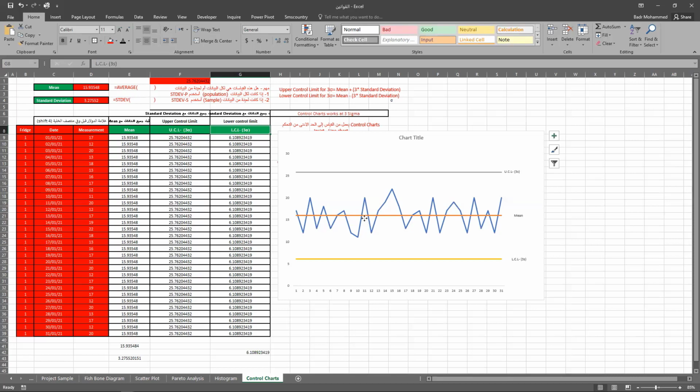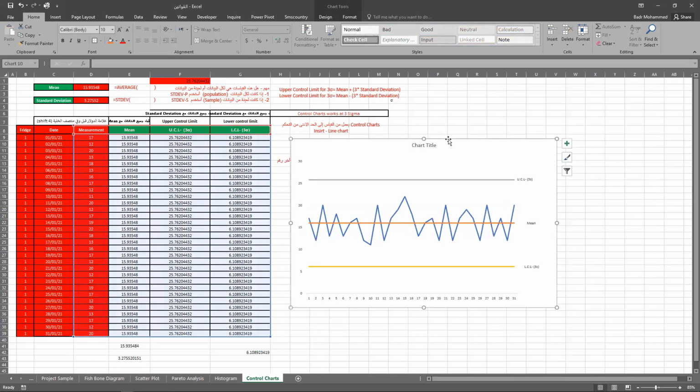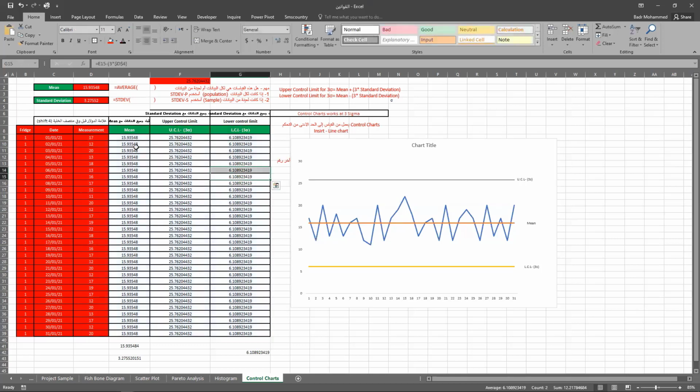We are using the same concept as the device in the ICU. They are using the control chart in order to keep their patient on the safe side, or to monitor the heartbeat in the ICU. So here we will use the same.